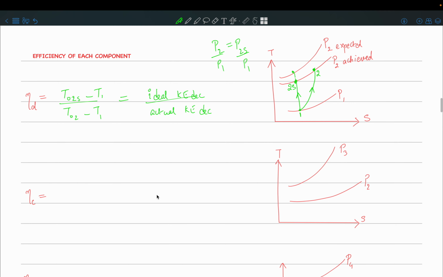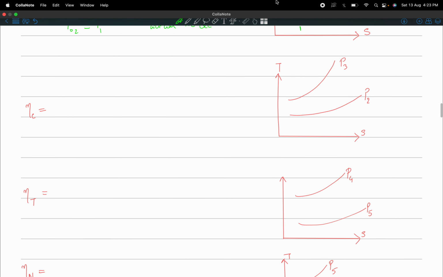Now similarly we can define the efficiency of a compressor. In a compressor, again you are going from state 2 to state 3 non-isentropically, but you should ideally have gone in an isentropic path. So this is 2, this is 3, and this is the 3s state.